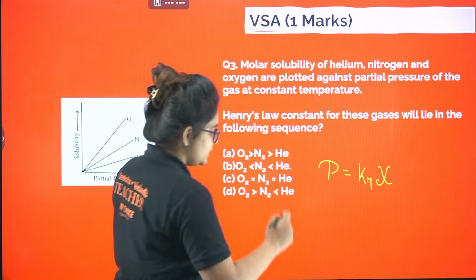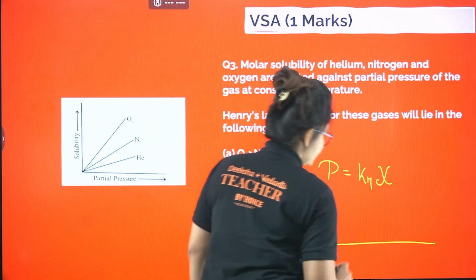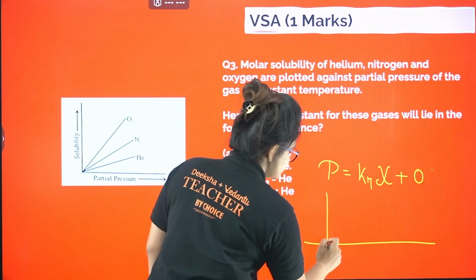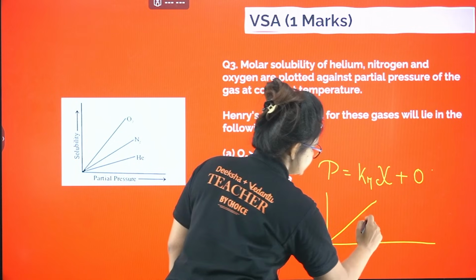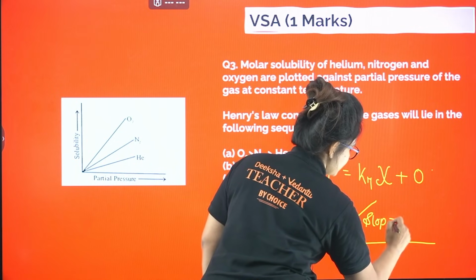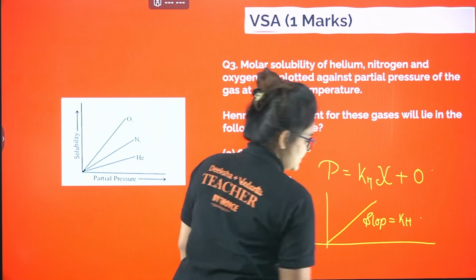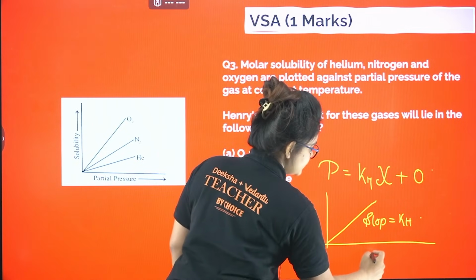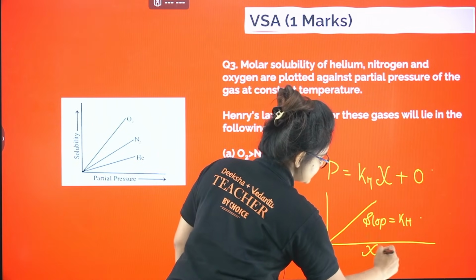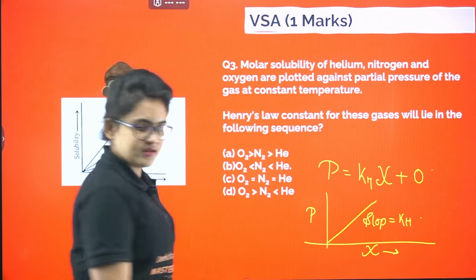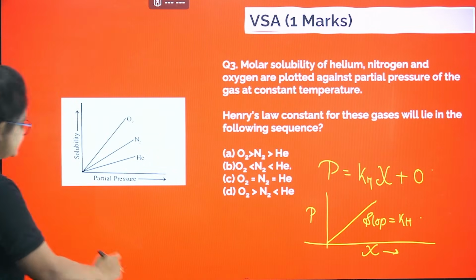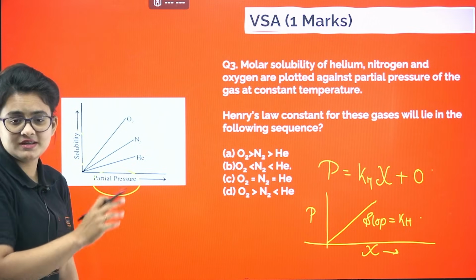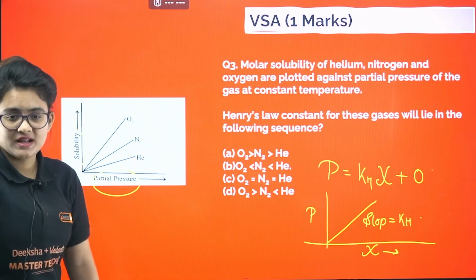So if you want to plot a graph, there is 0 intercept, so the graph will be something like this with slope kH. Your y-axis should be P and x-axis should be mole fraction or solubility. But here you just see one thing, solubility and partial pressure, they are interchanging the axes.